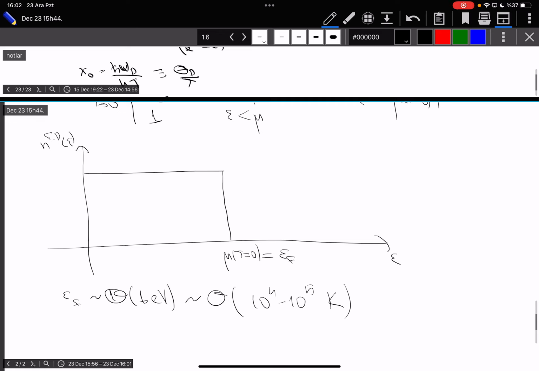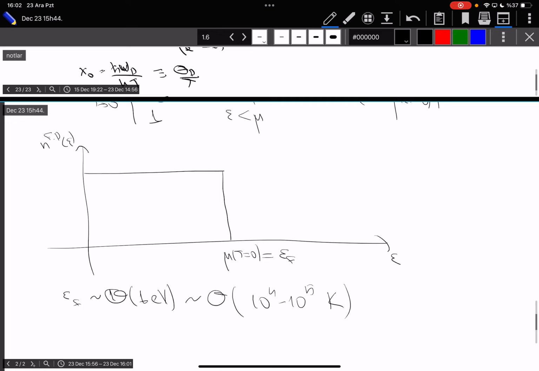So, for example, if you consider the metals, there are many electrons moving around. The electrons in a metal, at least those who are moving around freely, can be approximated as a Fermi gas made up of electrons. But since the room temperature is just 300 Kelvin, 10 to the power 2 Kelvin, they are very cold.